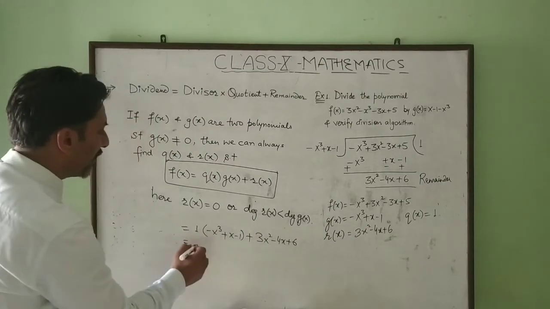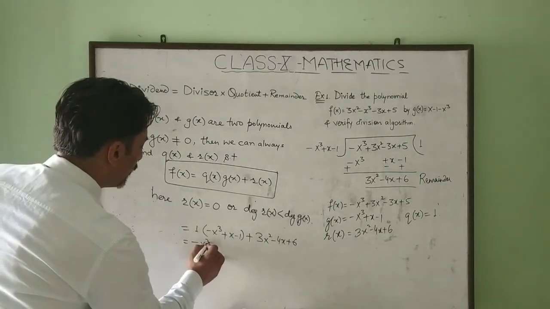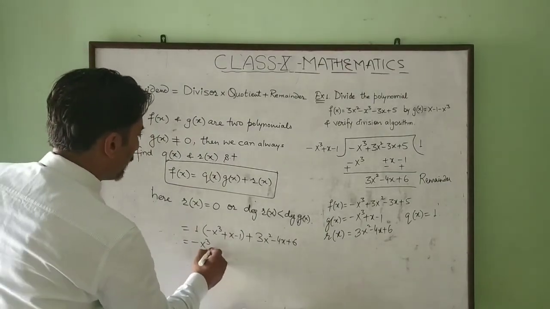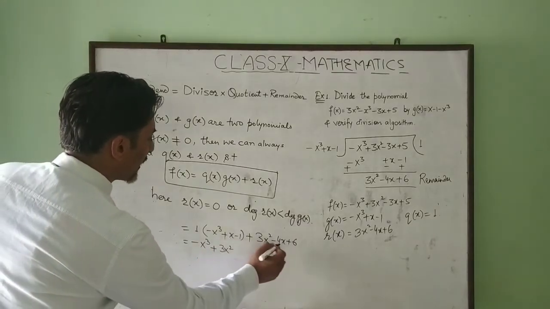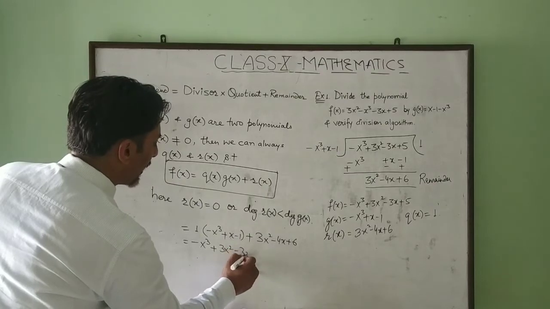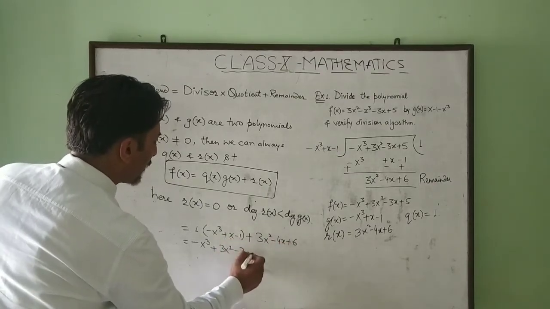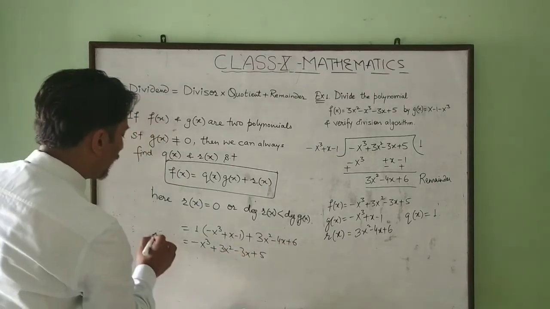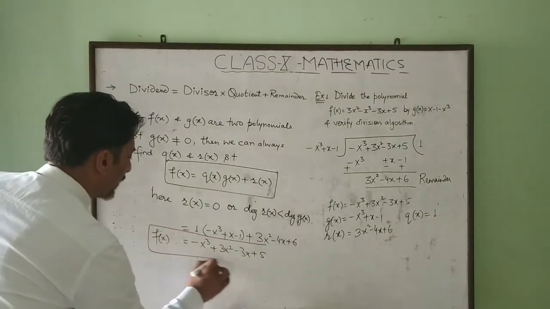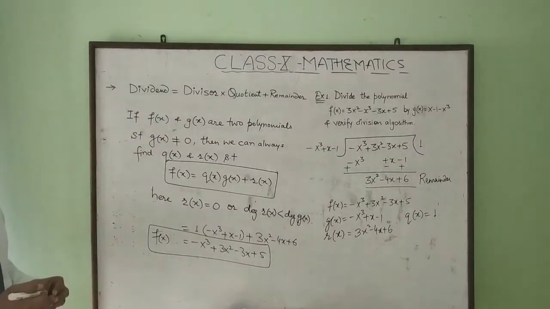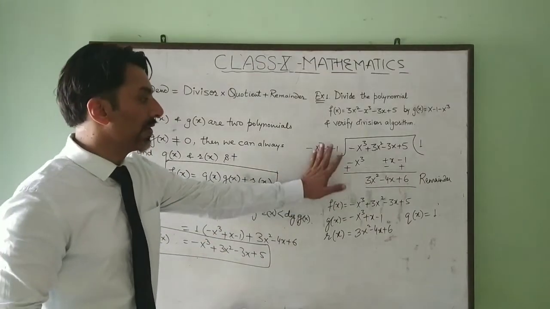If we simplify it, you are going to get minus x cube plus 3x square, and plus x minus 4x is minus 3x, and 6 minus 1 is plus 5, which is equal to f(x) only. So this verifies your division algorithm, as well as you know the way to divide.